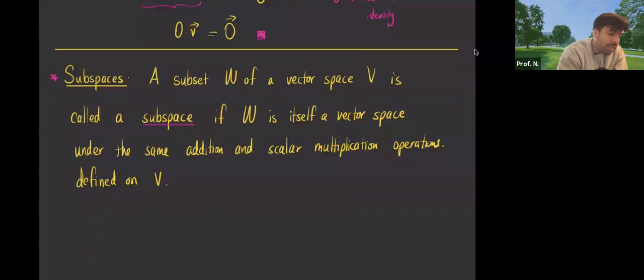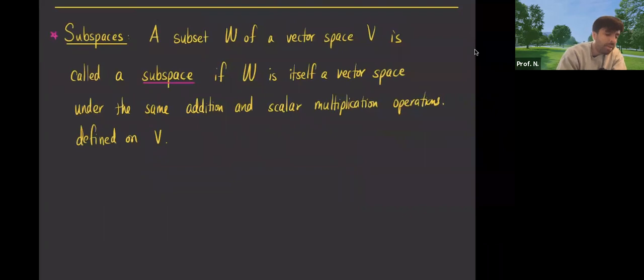So a subset of a vector space V is called a subspace if that subset W is itself a vector space under the same operations that V has. Okay?